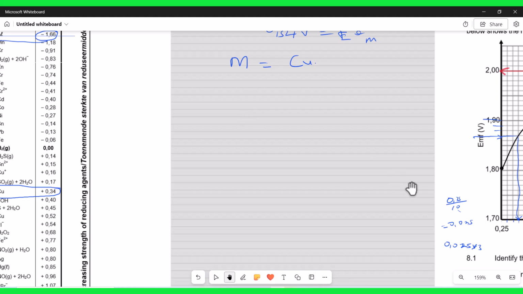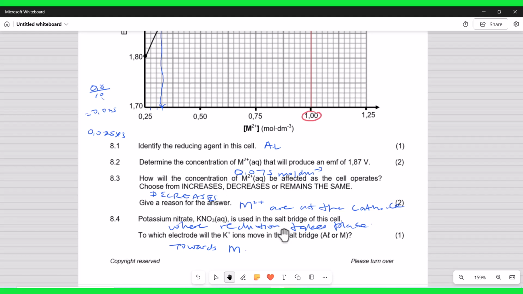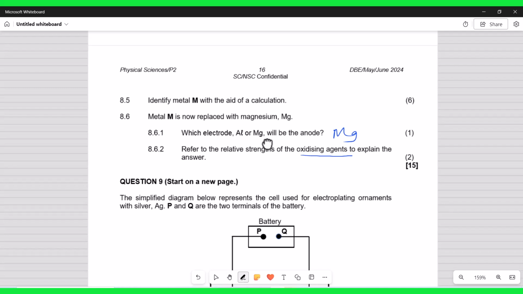So we say because aluminium 3 ions are more oxidizing than what? Than magnesium 2 ions. What did I say? I said because the aluminium 3 ions are more oxidizing than magnesium 2 ions.